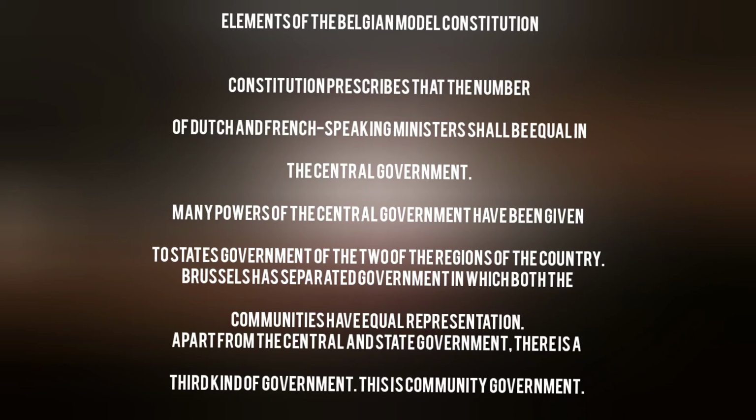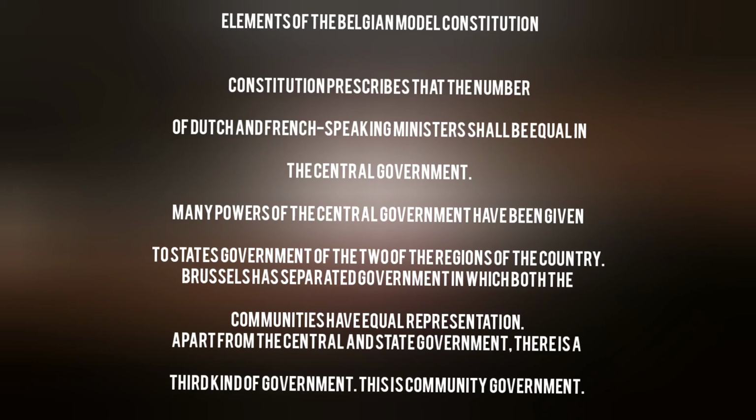And what are all the elements of the Belgian model of constitution? We are going to study the elements of the Belgian model constitution. The constitution prescribes that the number of Dutch and French speaking ministers shall be equal in the central government.